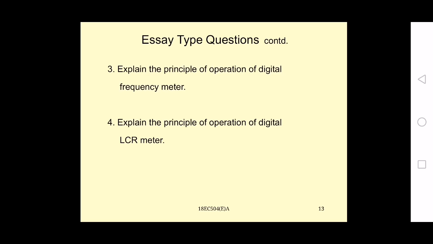We have to give an example for each one, showing how they are affected by different frequency measurements. So totally 5 essay questions. Out of the 5 essay questions, definitely you will get 2 essay questions from this chapter for the midsem 2.